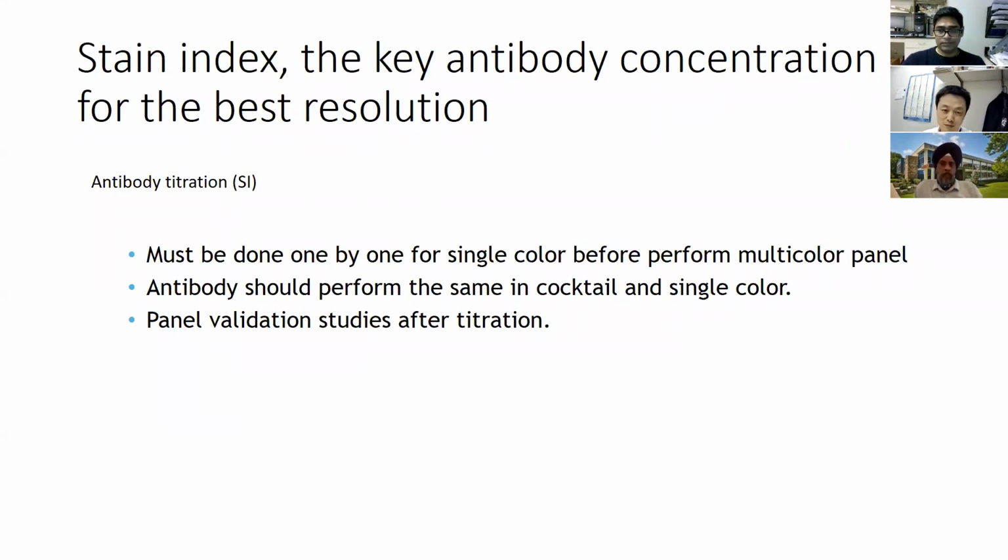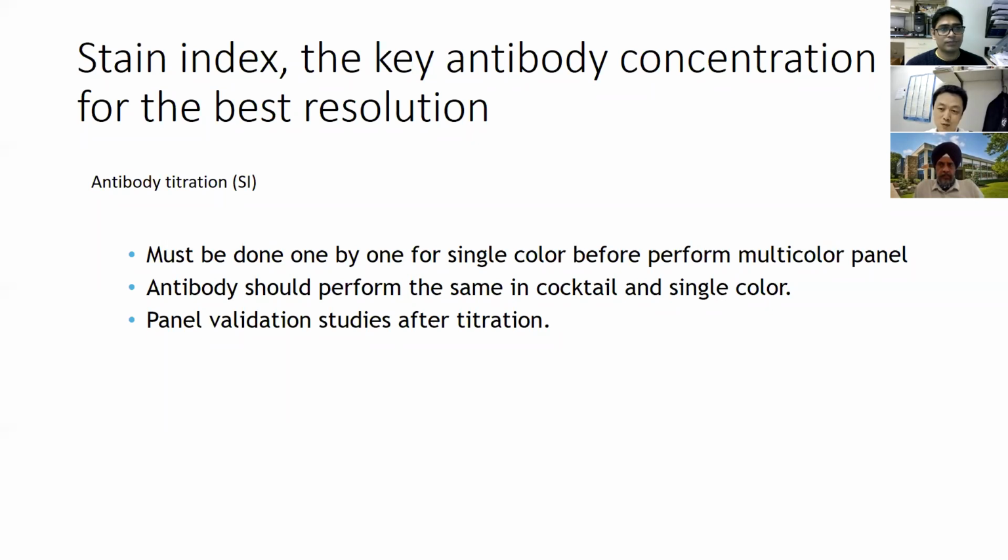You also have to make sure all antibodies perform the same way when you combine them together. Because some antigens you're looking for are really close to each other. When you stain one by one, it looks okay. But when you mix them together, one antibody binding to its antigen will block the space for the other antibody coming in.